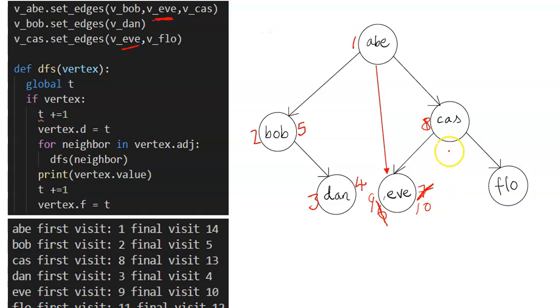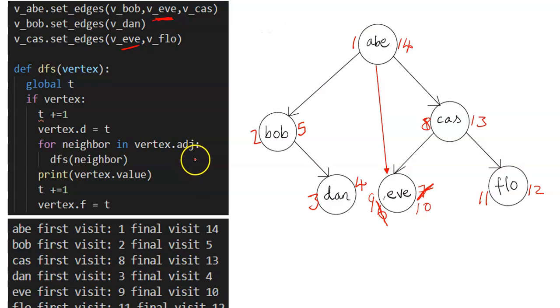And then we're going to go to the next item on Cas's adjacency list, which is Flo, and we're going to visit it at time step 11 and finish at time step 12. And then since we're done with all the adjacencies on Cas's list, we backtrack to Cas and give it time step 13, and then time step 14.